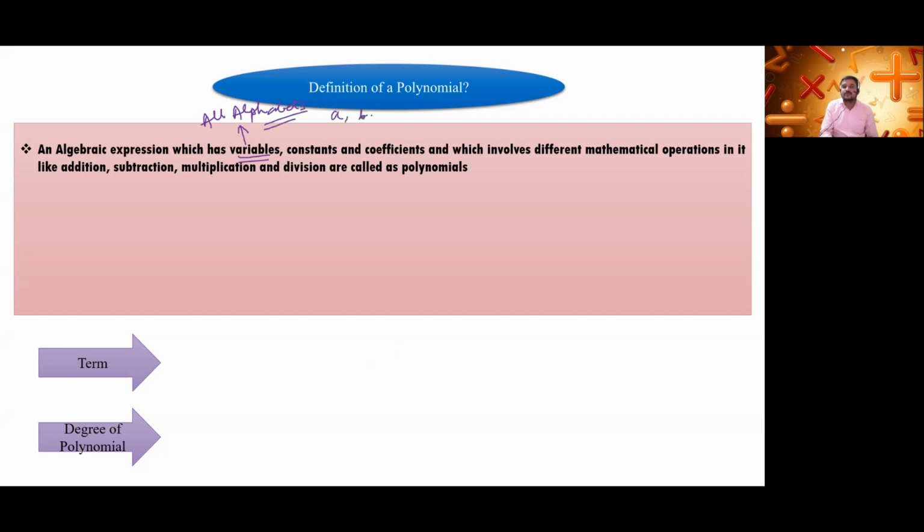So A, B, C, D up to X, Y, Z, these all are nothing but variables. All the alphabets we will call variables. Okay, constants. Do you know constants? What do you mean by constant? Yes, Krishna.